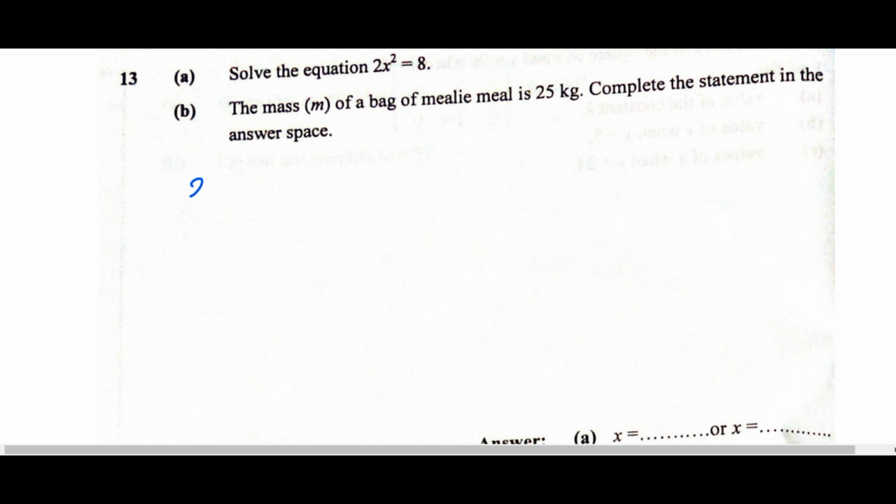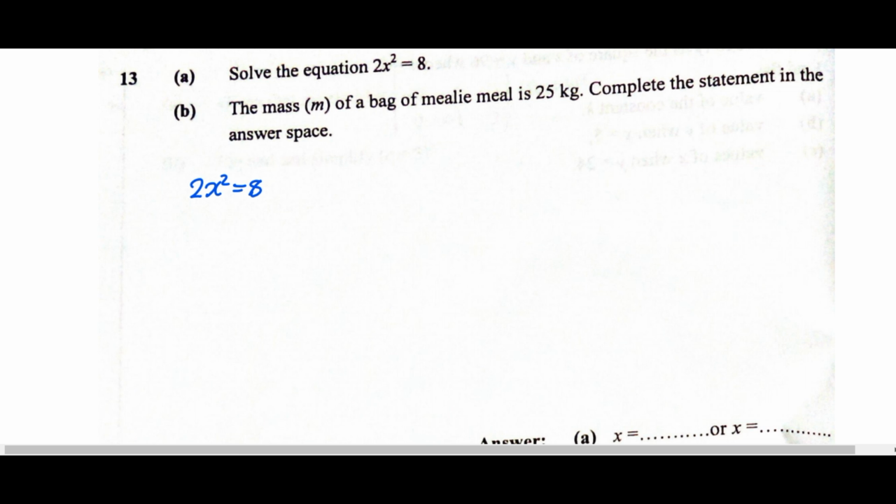Question 13, we have A, solve the equation. 2x squared is equal to 8. So we are solving for the value of x. What we are going to do here is use the rules from the indices.